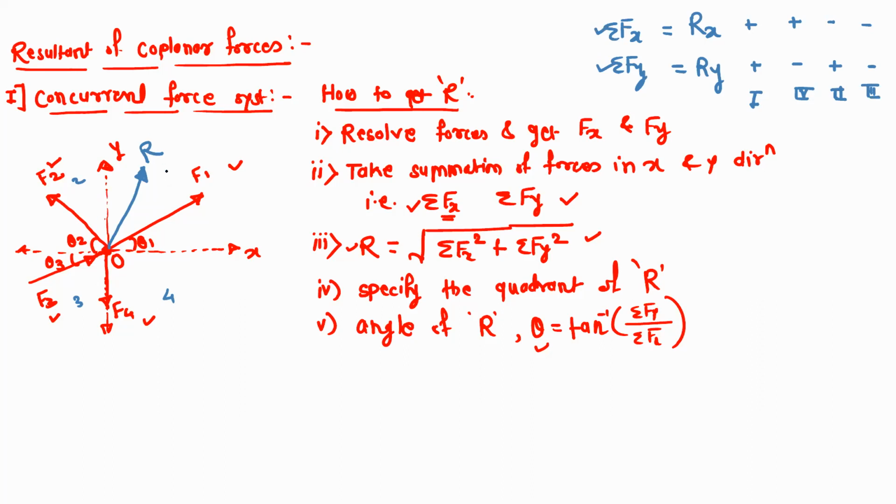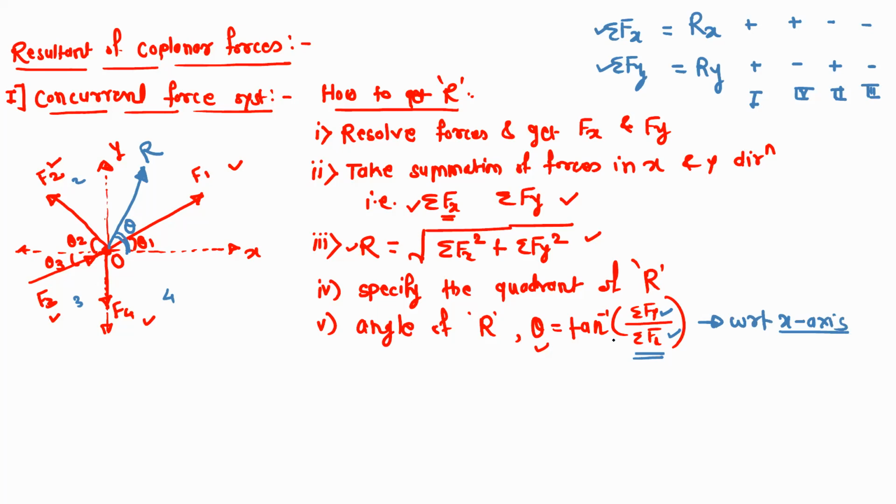Okay. So for the resultant representation, we have to find out its angle. So the angle with respect to the x-axis is represented as theta, and this theta we can find out by using this formula, summation Fy divided by summation Fx. Okay, and this angle is always with respect to the x-axis.